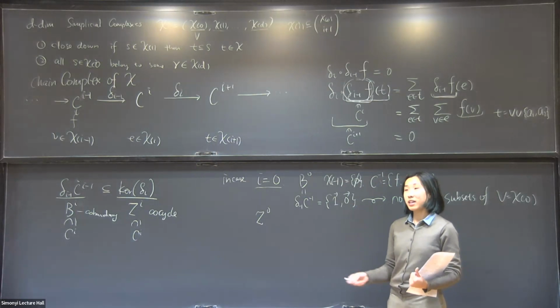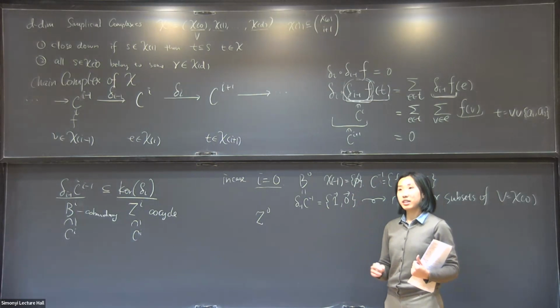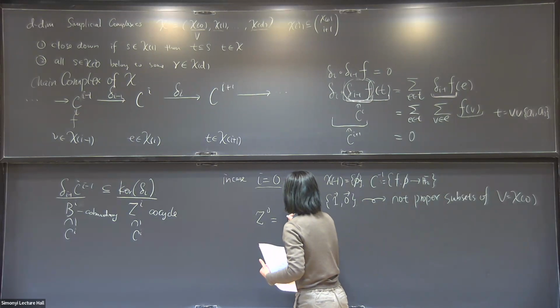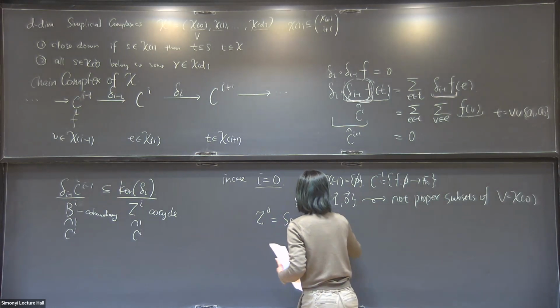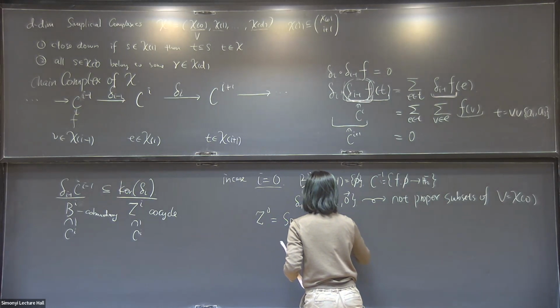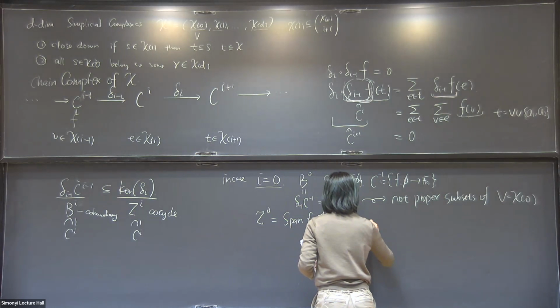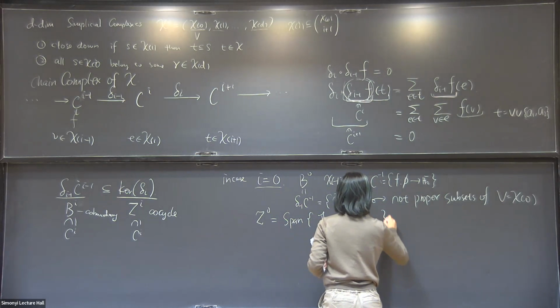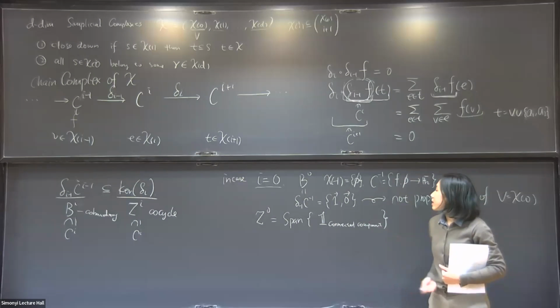So that is to say, as far as your component is connected, basically all your vertices need to have the same assignment. So in some sense Z0 is the span of all vectors which are indicators of connected components. Indicator of one single connected component. So this is what Z0 is.